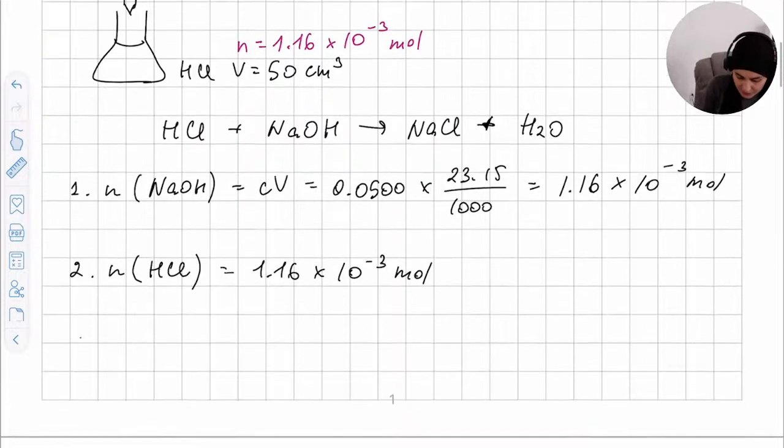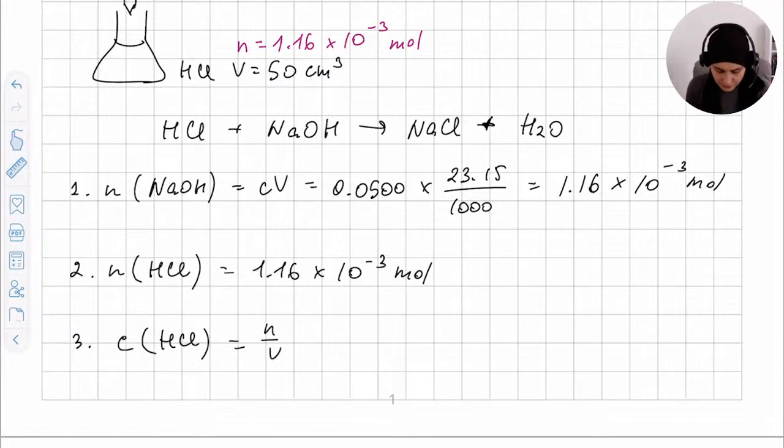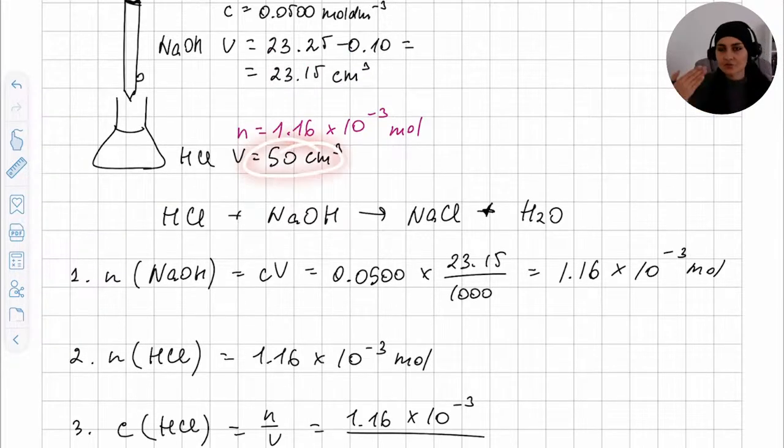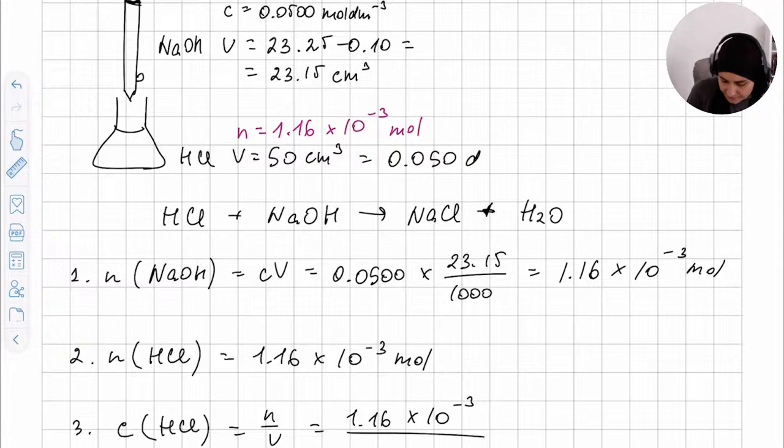So now I am using the formula for concentration. So it's just n over V. It's essentially the same formula, n equals CV, but I rearrange it for the concentration. Moles over volume. So that's 1.16 times 10 to the negative 3 divided by the volume of the acid now, right? Because we're finding the concentration of HCl, so we're taking the moles of HCl and the volume of HCl. And that in cubic decimeters, it's 0.050.